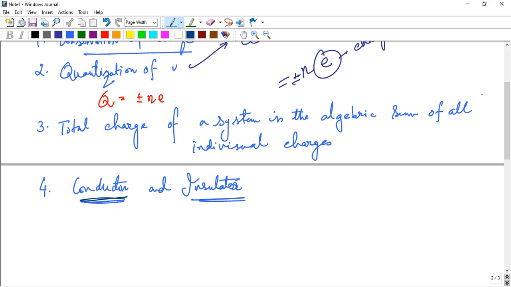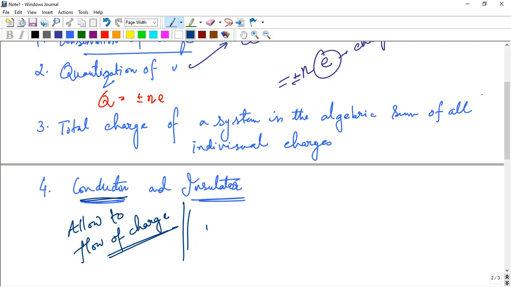It allows the flow of charge, and that is called a conductor. What does an insulator mean? It does not allow the flow of charge.